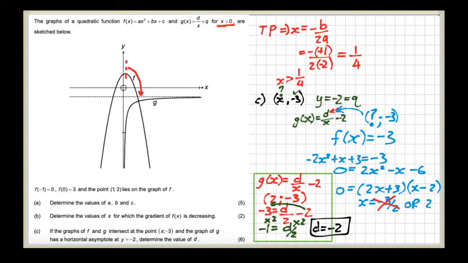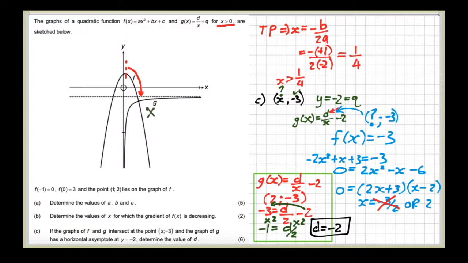You've got to ask yourself this question now. Does this conform, or is this true for this specific sketch? Now, I alluded to this, that d must be smaller than 0 because d lies here, let me do it in green, in the 4th quadrant.